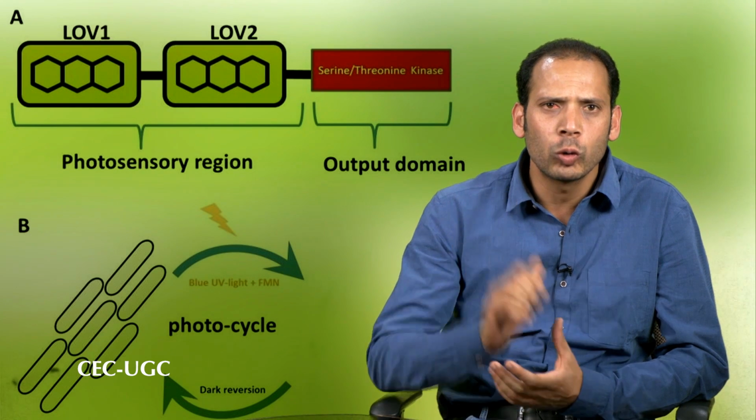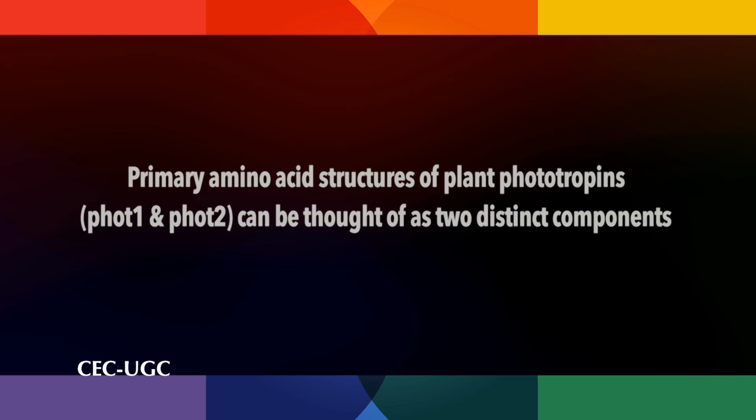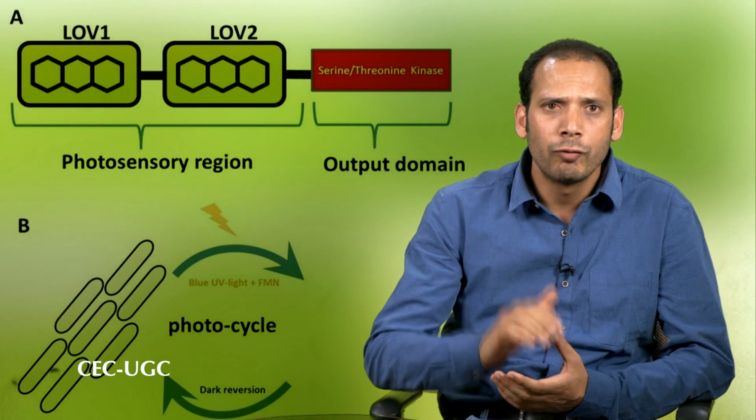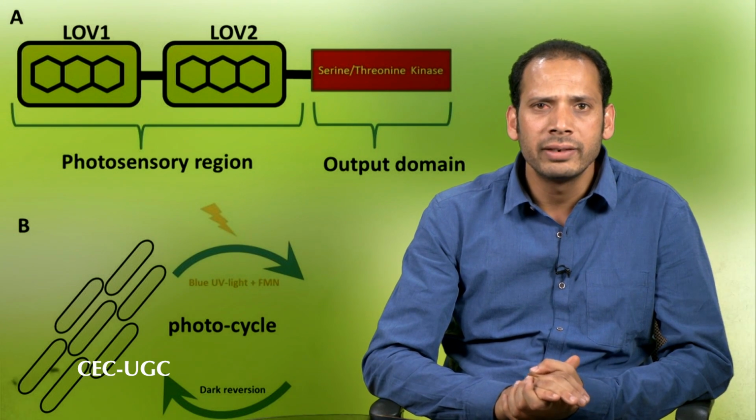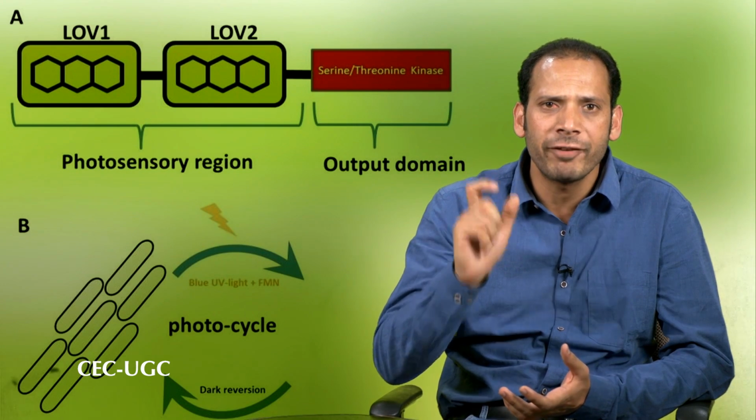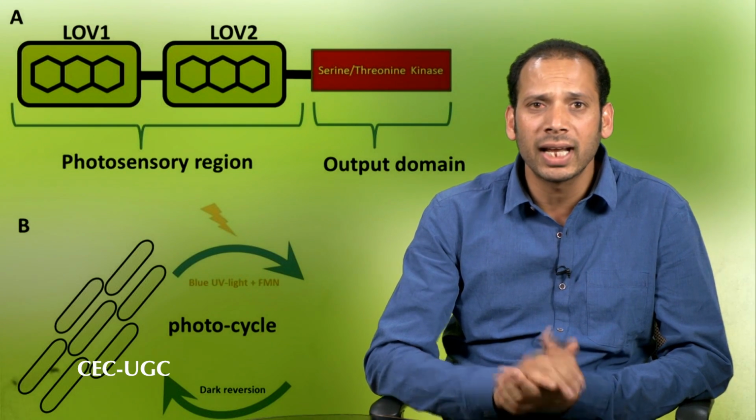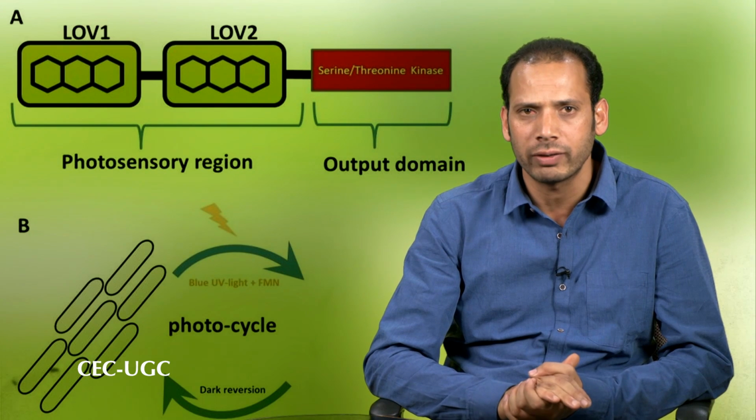As with the phytochromes and cryptochromes, the primary amino acid structure of plant phototropins, phototropin 1 and phototropin 2, can be thought of as two distinct components: an N-terminal photosensory region and an accompanying C-terminal effector domain that includes a classic serine threonine kinase motif.